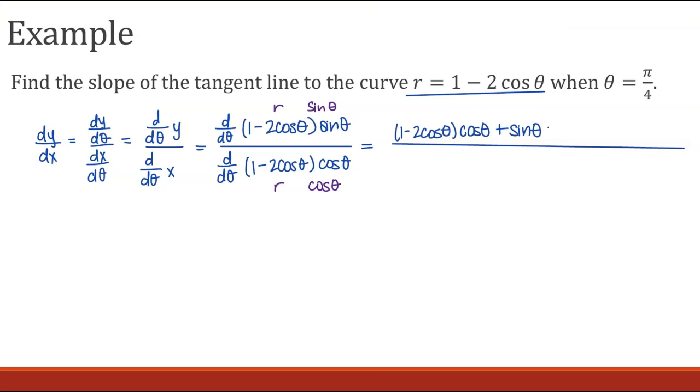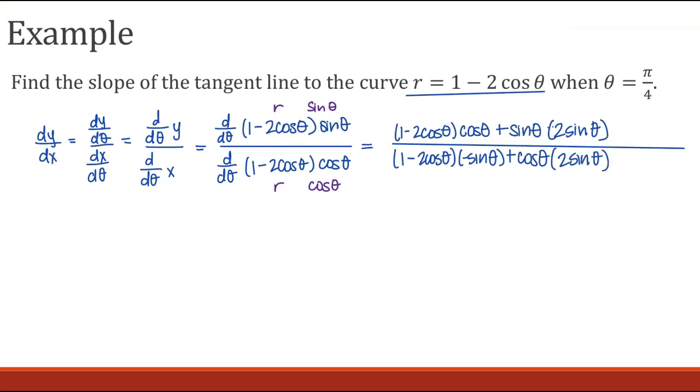The derivative of 1 is 0, of negative 2 cosine theta is going to be positive 2 sine theta. In the denominator, another product rule. 1 minus 2 cosine theta, the first function, times the derivative of the second, negative sine theta, plus the second function, cosine theta, times the derivative of the first again, which is 2 sine theta.